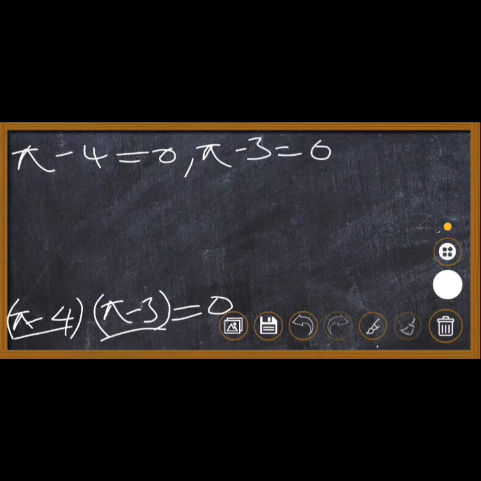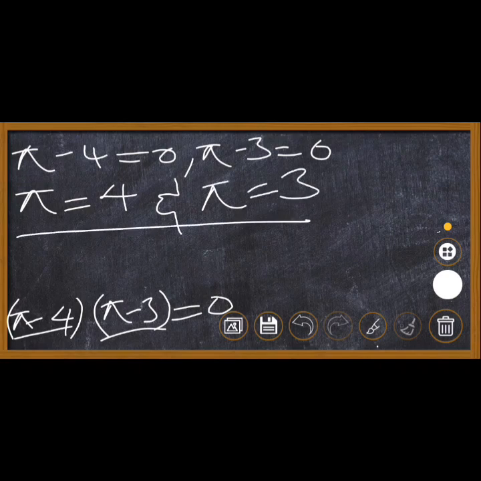When we take negative 4 to the other side, of course it will become what? Positive 4. And when we take 3 to the other side, it will become what? Positive 3. So these are our eigenvectors. This is how we find the eigenvectors whenever you have been given the values.